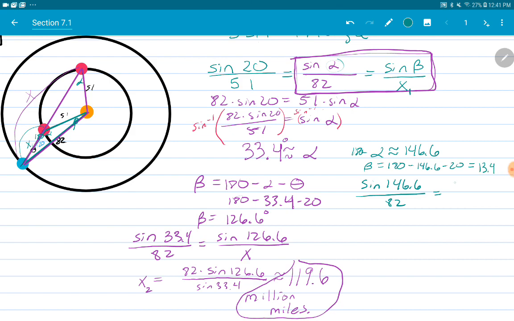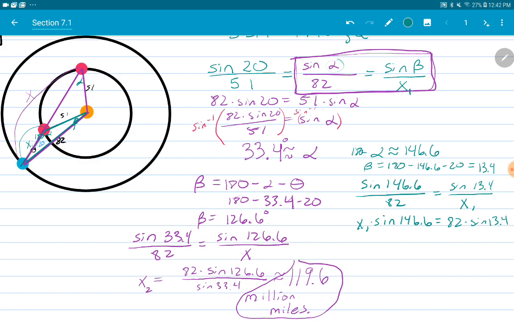So sine of beta is sine of 13.4, and across from beta we have our distance in question, that short distance, and we cross multiply, I get x1 times the sine of 146.6 equals 82 times the sine of 13.4.